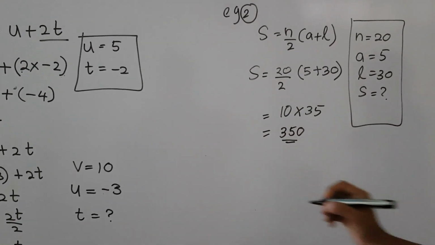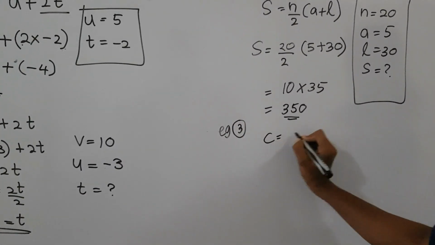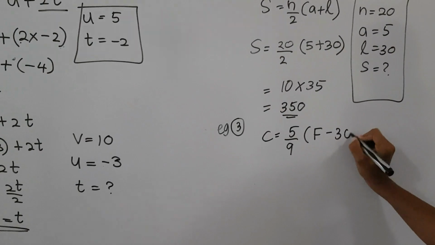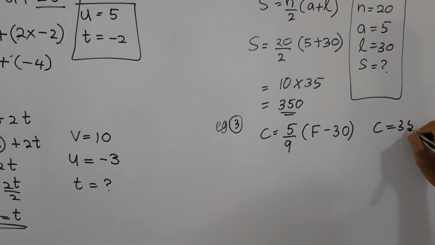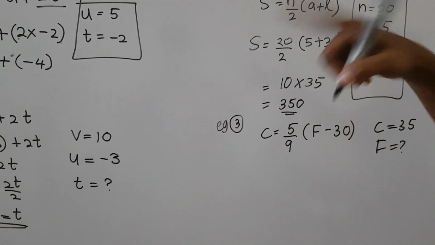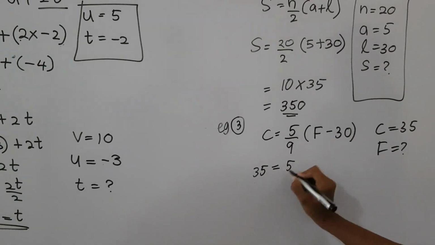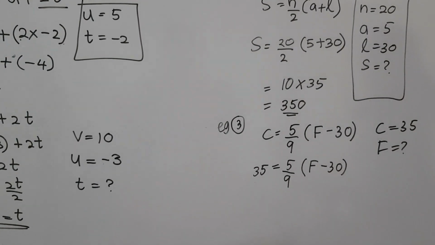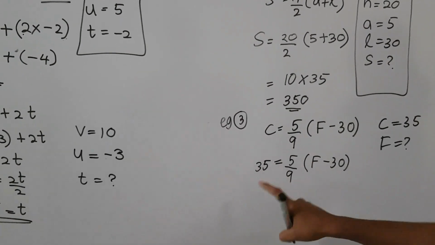Okay, we'll see one more example. Example 3. You get it as C is equals to 5 over 9 into F minus 30. And they tell us C is equals to 35 and to find the value of F. We'll put the C as 35. So 35 is equals to 5 over 9 into F minus 30. Now you can see this 9, you can bring it to the other side as multiplication, and 5 as division.